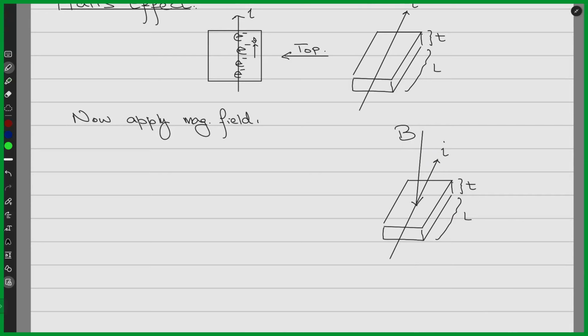What would you expect to happen in terms of the flow of electrons? Again, if I draw a top view, what would you expect the flow of electrons to be? The current is still in this direction, right?